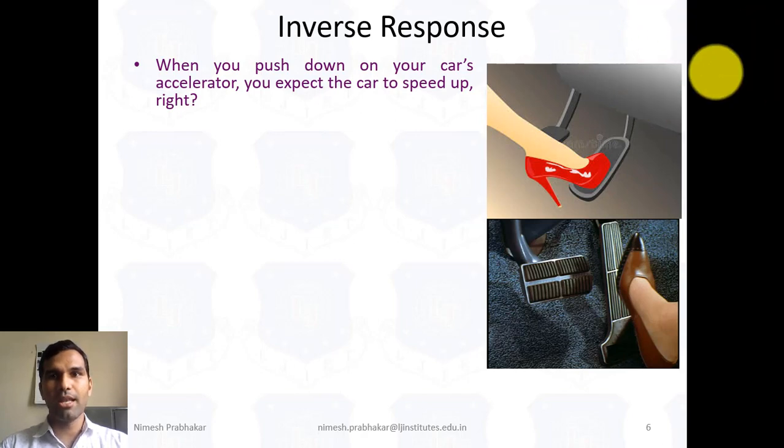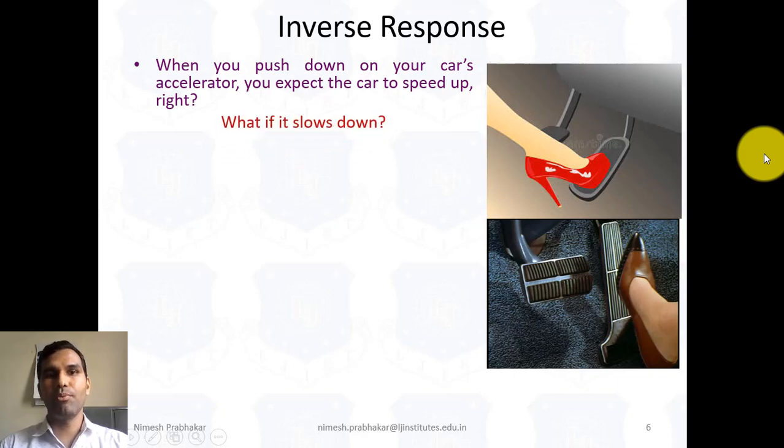That means when we push the accelerator, the speed of the car increases. But actually, what if it slows down? To increase the speed, we push the accelerator, but actually the car speed is reduced.